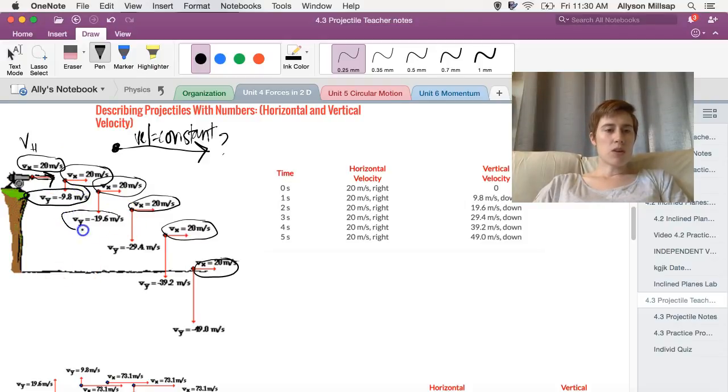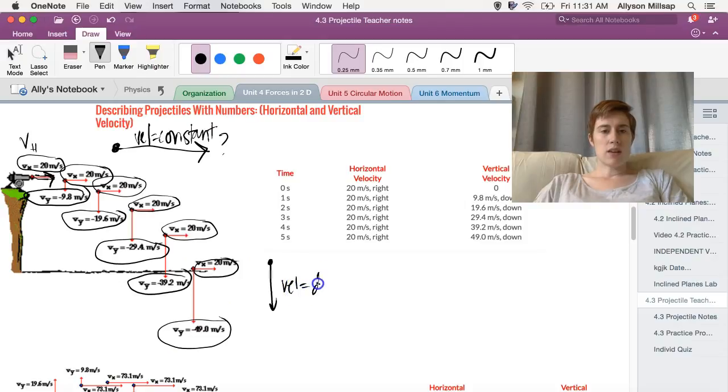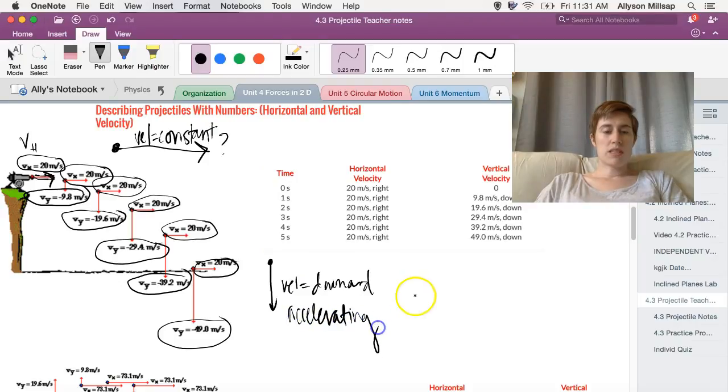The speed downward is increasing. It's accelerating. Why is velocity downward accelerating? Well, you should say because there's a force downward. There's an acceleration force downward, the force due to gravity of this object.